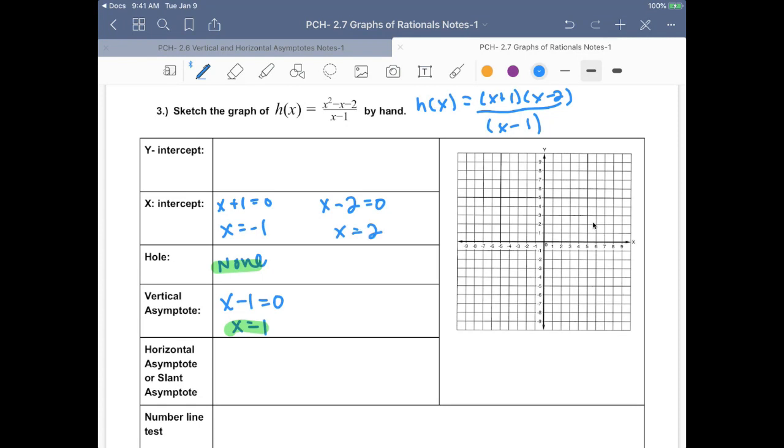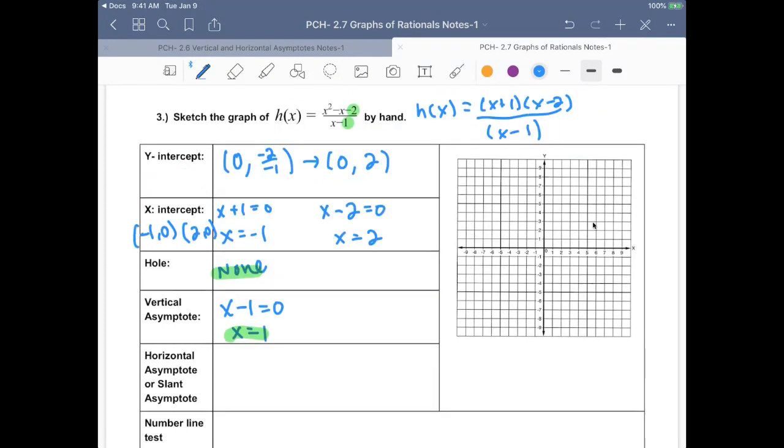So I have two x-intercepts at -1, 0 and at 2, 0. And then I have a y-intercept when I can just take the constants of the original and divide them. So I have a y-intercept at 0, -2 over -1, which is 0, 2.